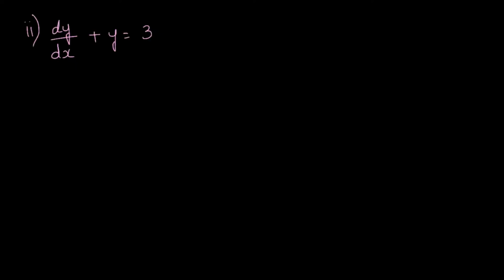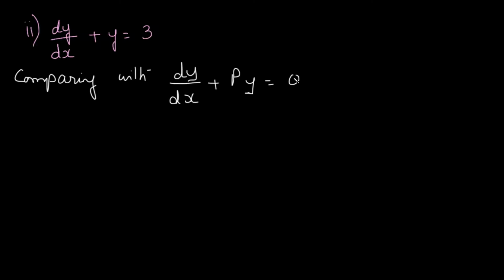In the next sum, the question is dy by dx plus y is equal to 3. Again, we compare it with dy by dx plus py is equal to Q. So we compare it with this and we get P over here as 1.